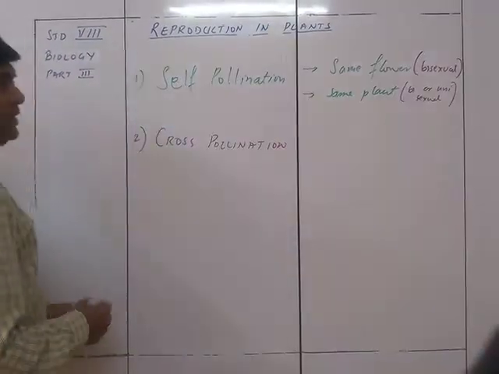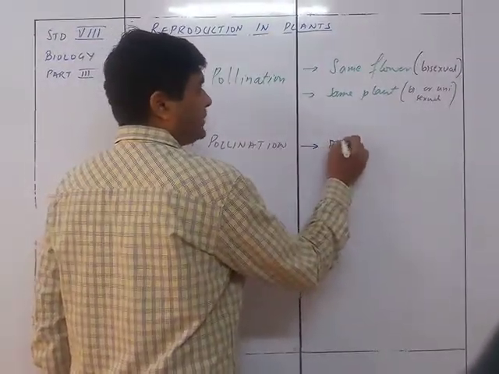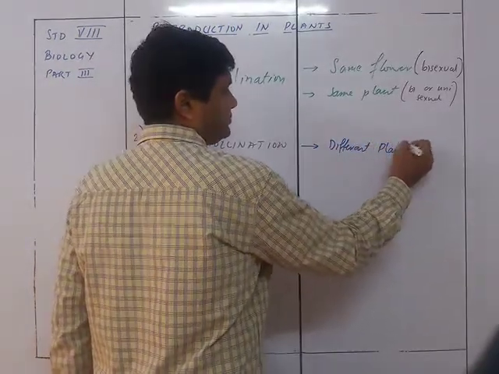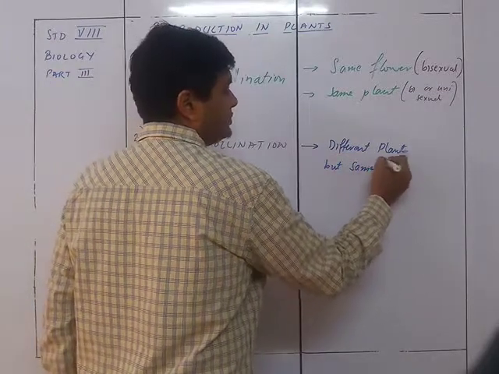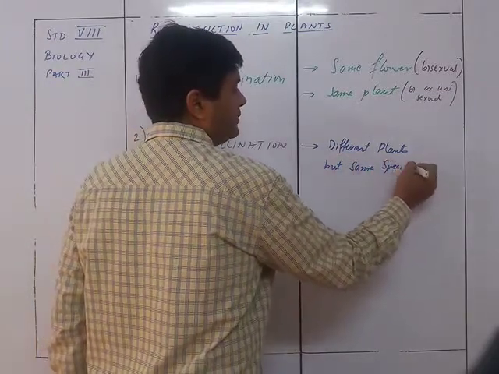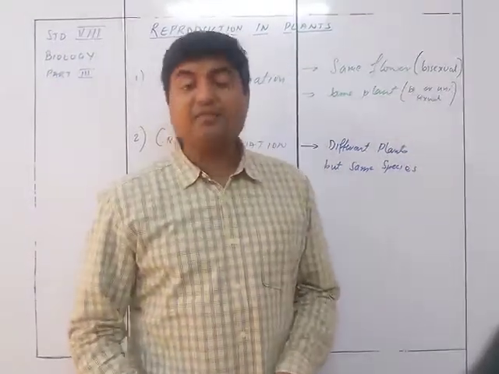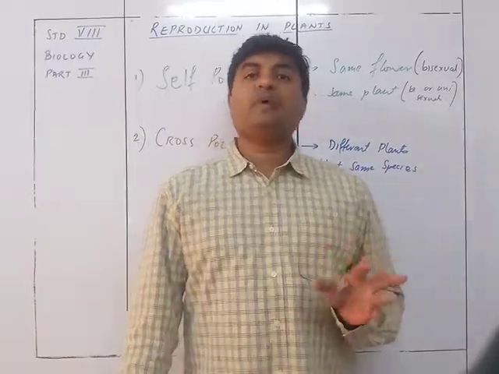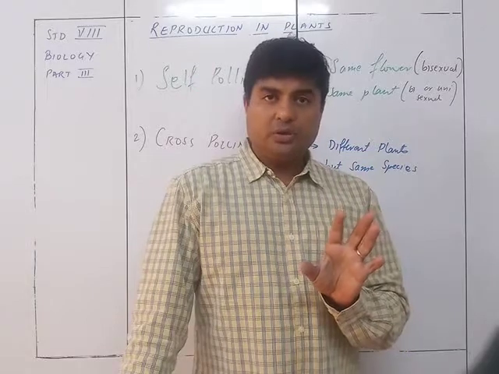So in cross-pollination, you can see that they will be of different plants but the same species, because if the species is not the same, then the stigma will not accept that pollen grain. The stigma needs to accept the pollen grain, only then can it reproduce.